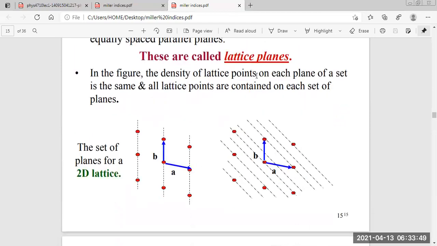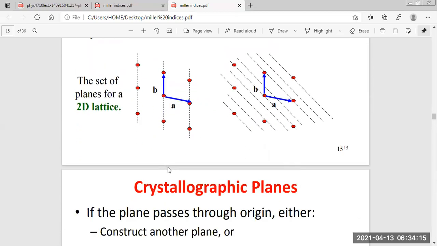First we consider these points, the imaginary points, or we say lattice points. Here you can see the distance between these 2 points is represented by the fraction a, and the distance between these 2 points is represented by the fraction b. Right, everybody understood this aspect? I just say that this is a set of planes in 2 dimensions.